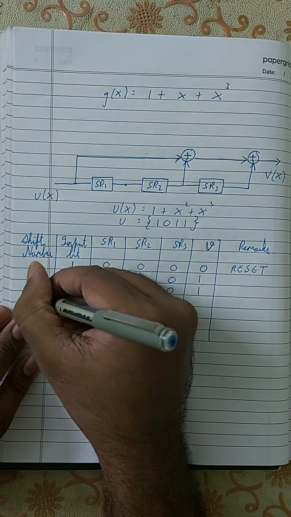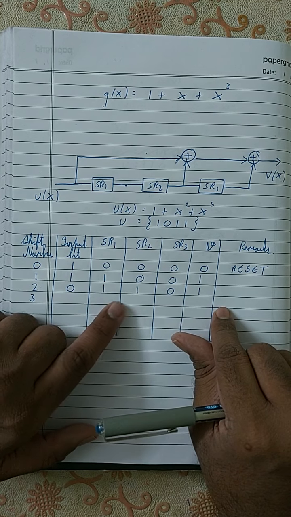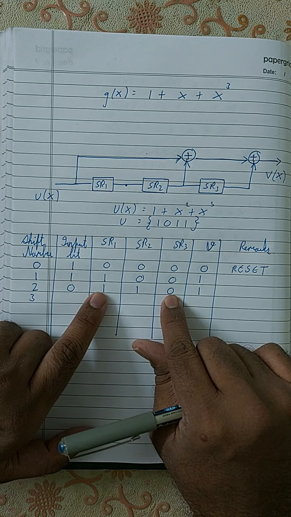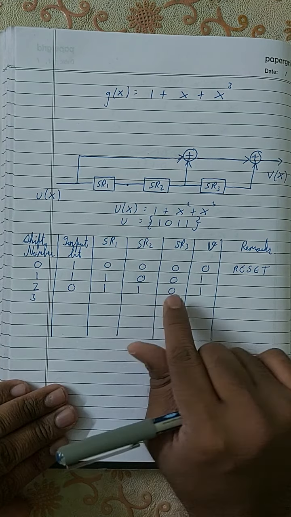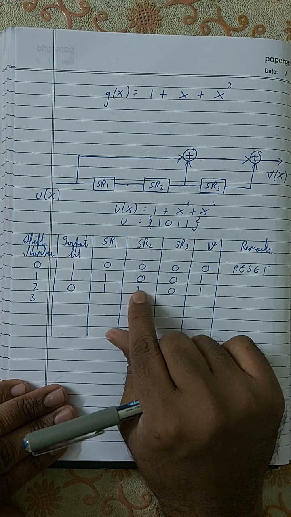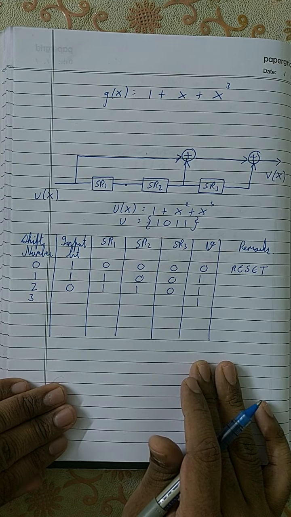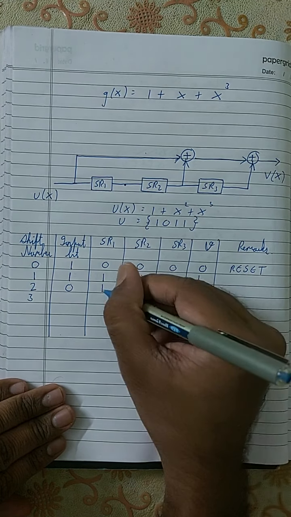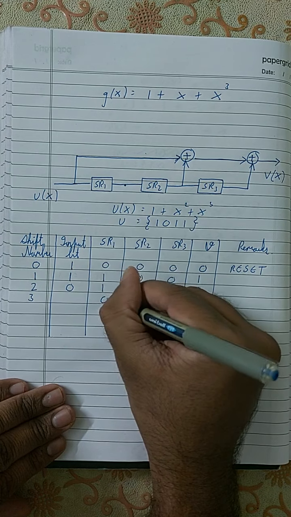Now at the third clock cycle, I'm going to calculate the output. What will be the output I will get? 0 plus 1 plus 0, SR3 plus SR2 plus input bit, right? So 0 plus 1 plus 0 is again 1. This 1 will be transmitted here, this 1 will be shifted here, and this 0 at the input bit will be shifted over here.